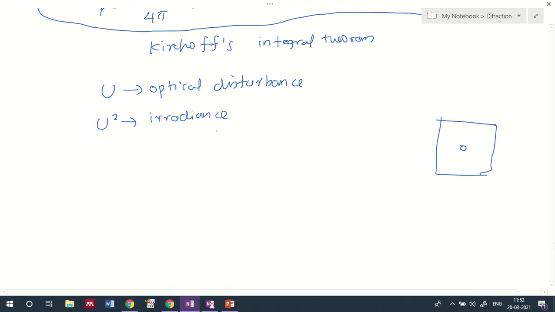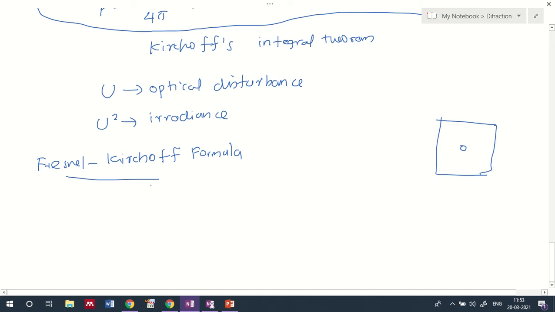Now we need to apply this Kirchhoff formula to Fresnel's approximation. When we hear Fresnel's formula, the first thing that comes to mind is that we are experimenting with something, so we have an experimental facility corresponding to that.